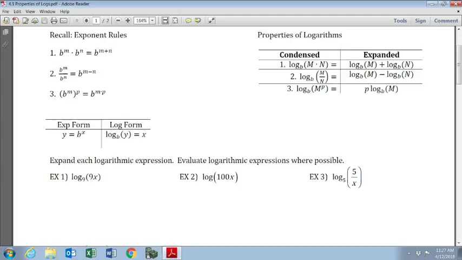The properties of logs, the first one is what we call the product rule. Notice the log of a product, m times n, is equal to a sum of logs, so we get addition of two logs. The next one is the quotient rule, which we'll call property 2, with the product rule as property 1.